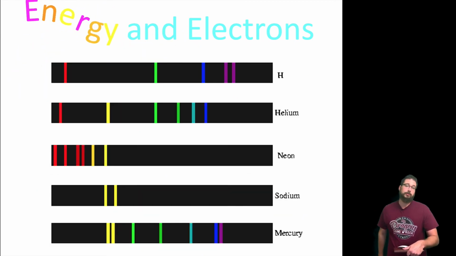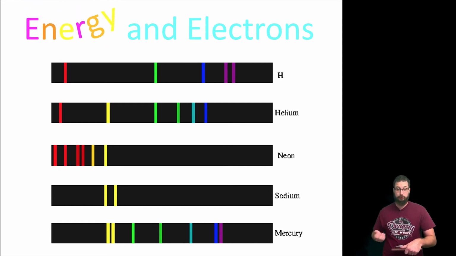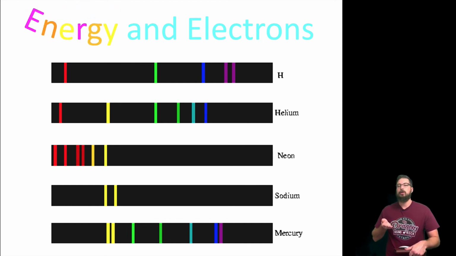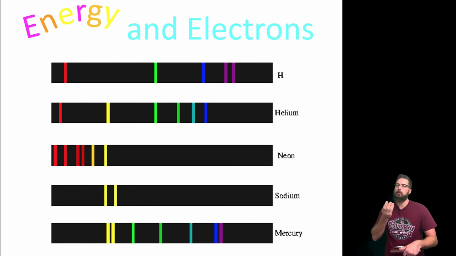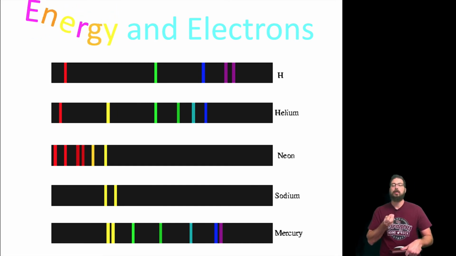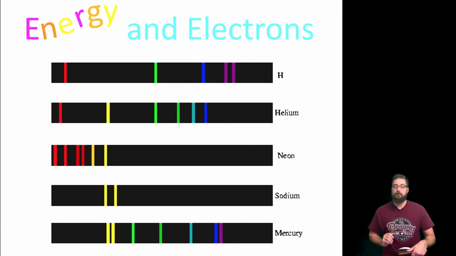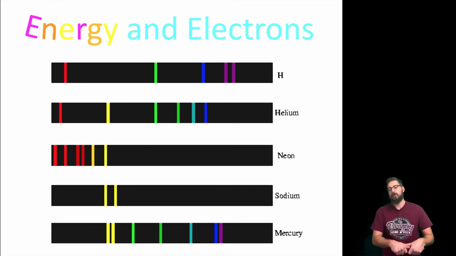These are examples of emission spectra. Notice how hydrogen gives off a purple, a blue, a green, and a red. And when this occurs, we actually see all of those colors together as one color. Now, helium gives off those particular colors. Neon gives off a lot of reds and yellows.